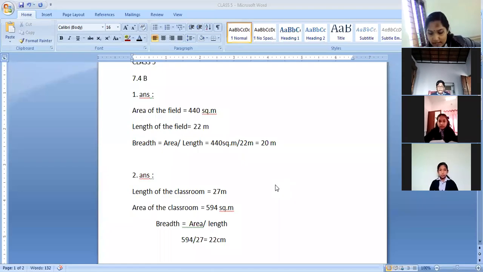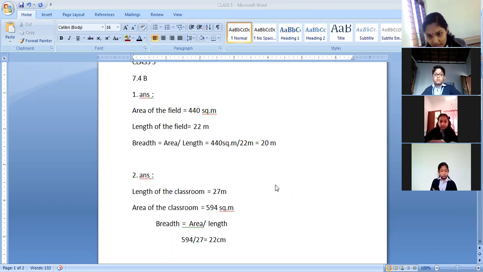Second question. Read the second question. A rectangular classroom is of length 27 meter. If its area is 594 square meter, what is its breadth? From the question, we will understand two things. We can identify the area.